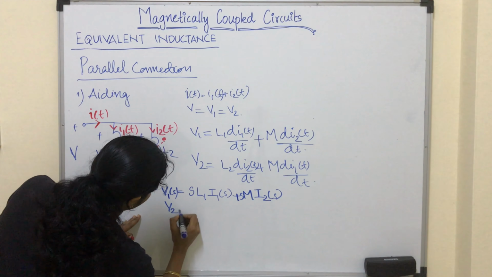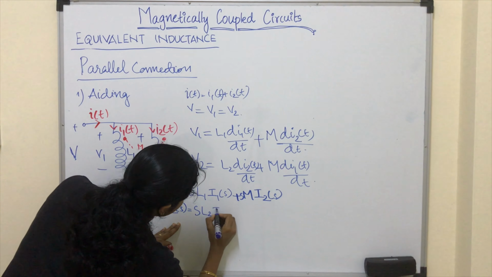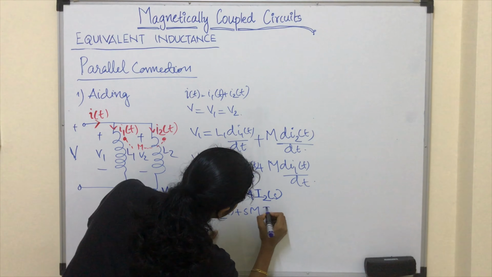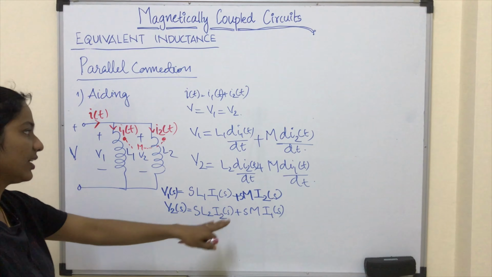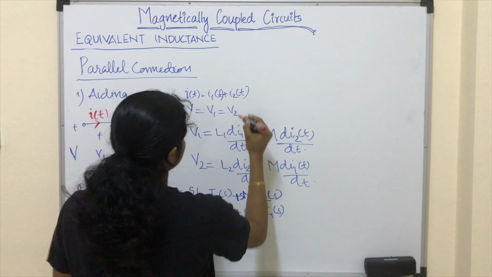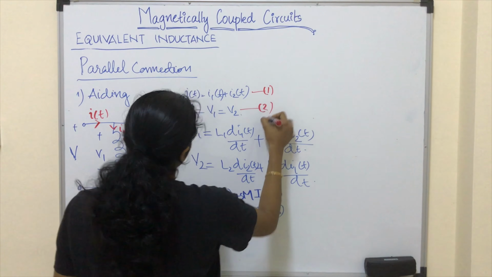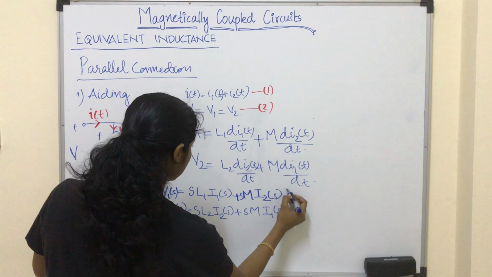What is V2 of s? V2 of s is equal to s into L2 into I2 of s plus s into M into I1 of s. Let this be equation 1 and this be equation number 2. From equation number 2, we can equate these two.